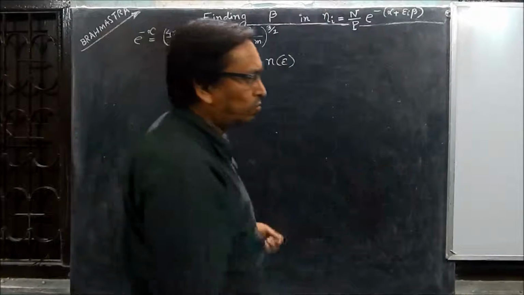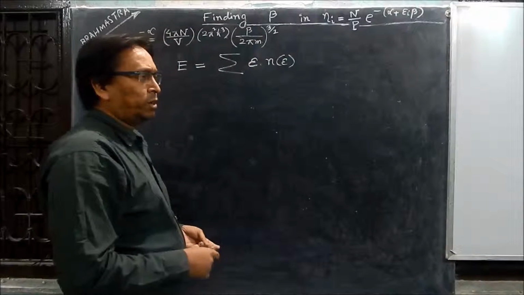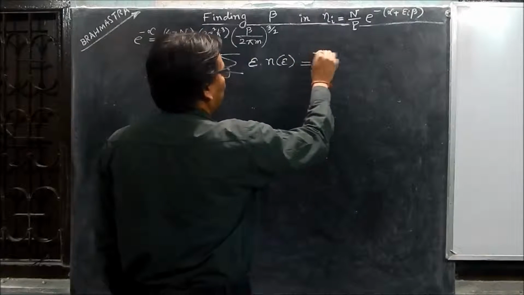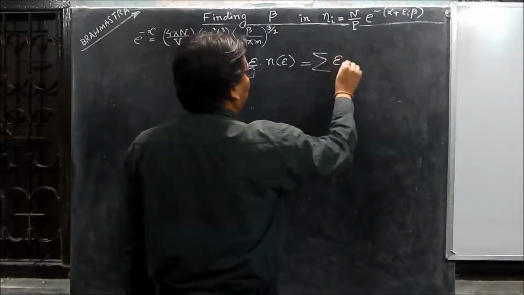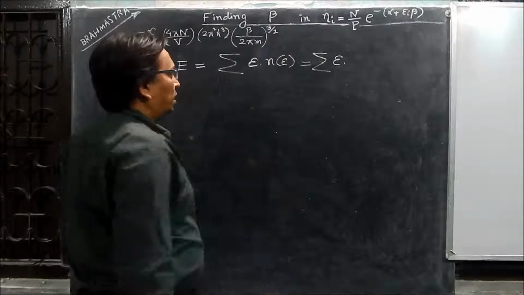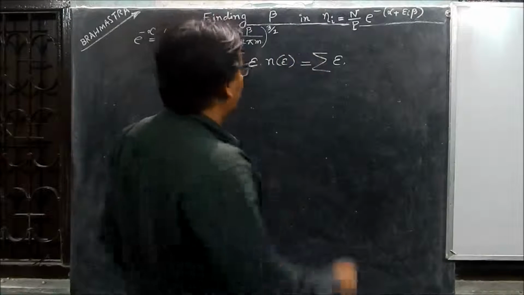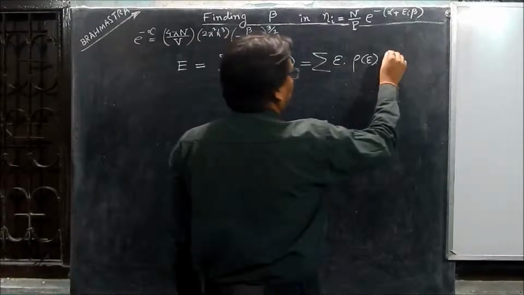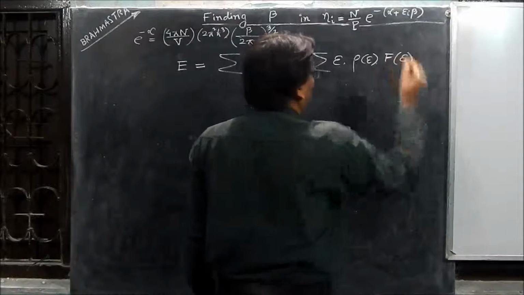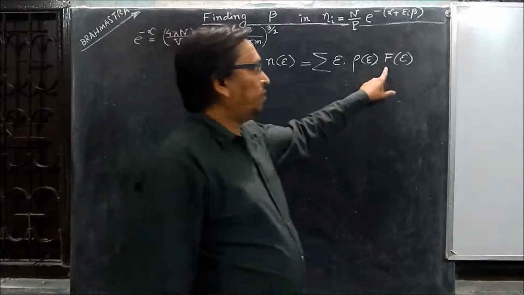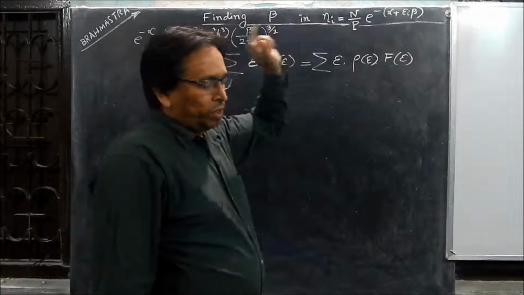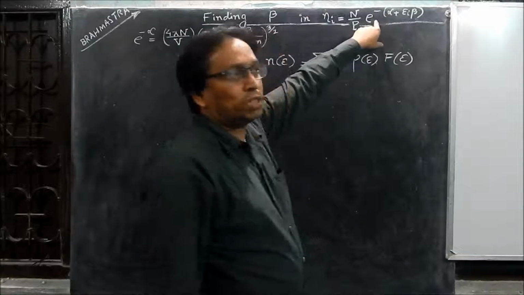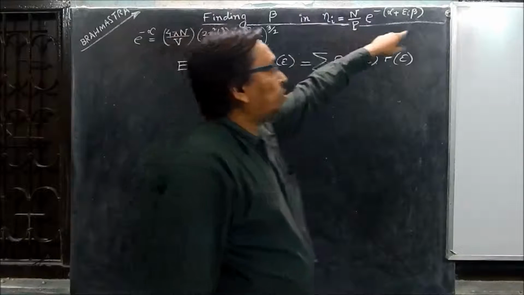Now we have taken the wave formulation of the particle. So the number of particles having energy epsilon can be given as the energy space multiplied by F of epsilon, and this function is called the occupancy function.